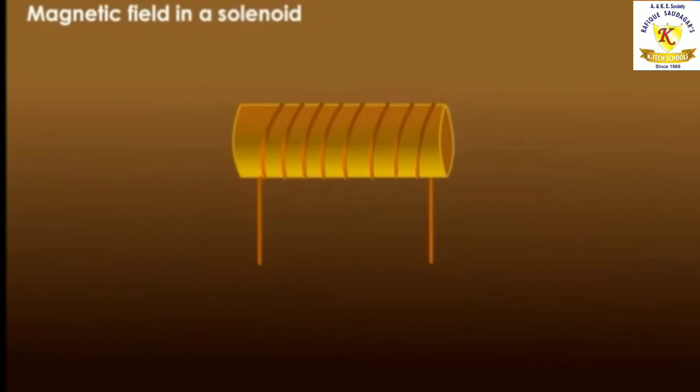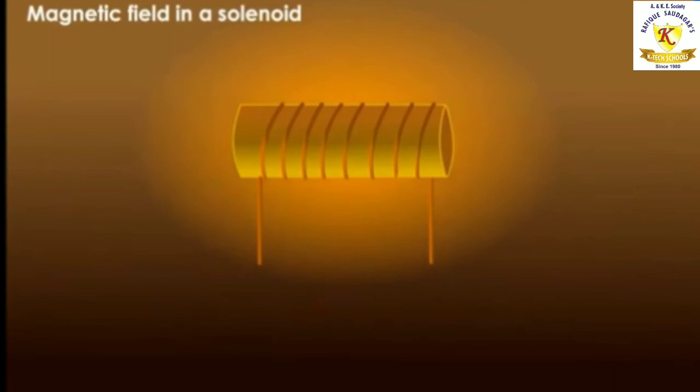Then it behaves like a magnet when an electric current flows through it. So, this is called a solenoid. Understood now what is a solenoid?